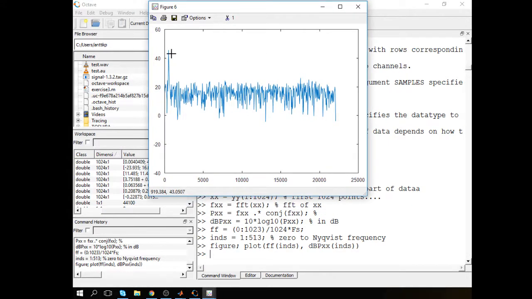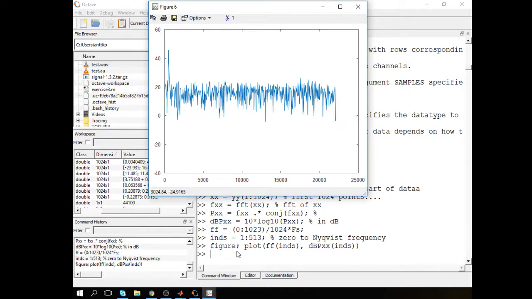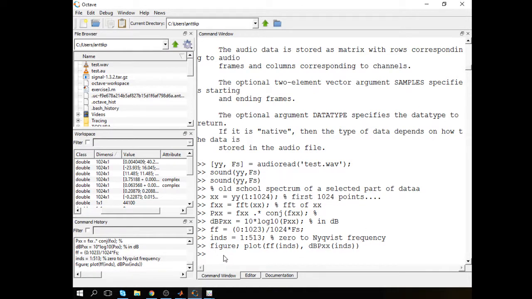So, yes, spectral analysis actually shows that we have this. Let me do the scaling of this picture again by using the axis command, 0, maybe 1000 hertz, then 0 dB to 50 dB.